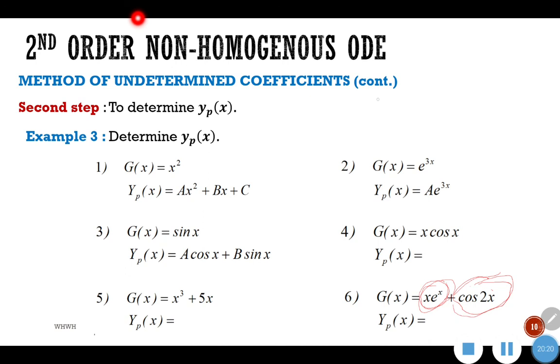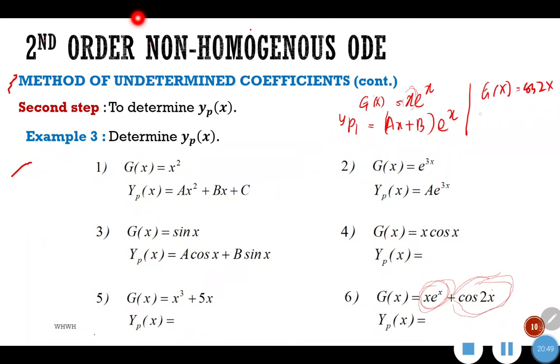So now we have gx equals x e to the power of x. So our yp1, which we discussed earlier, is (ax plus b) e to the power of x. And then if gx is cos 2x, then we consider yp2. In front there is nothing, just the number 1, so we introduce a constant.